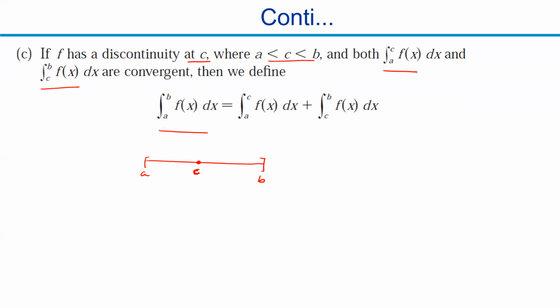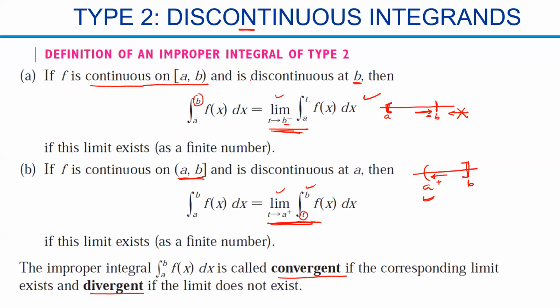Therefore, this integration from a to b could be changed into two integrations, one from a to c and the other from c to b. That's why we write it like this: the integration from a to c of f(x) dx plus the integration from c to b of f(x) dx. But mind you that the discontinuity is at c. Therefore, these are like the integrals that we have seen at a and b.